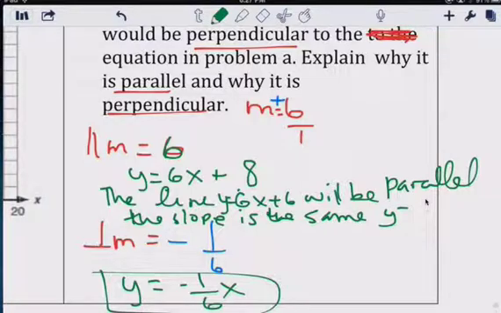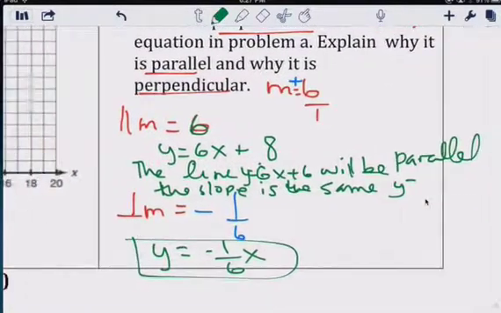If the y-intercept was the same, it'll be the same line. The y-intercept is different.